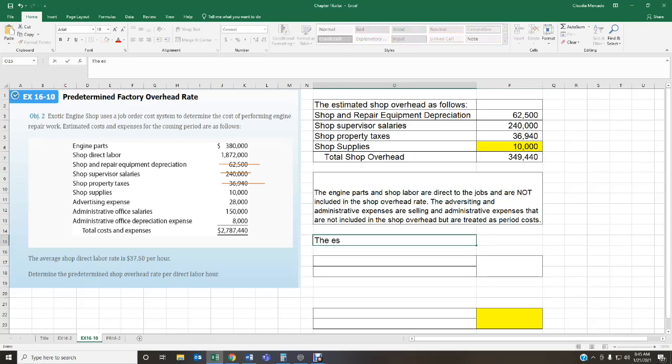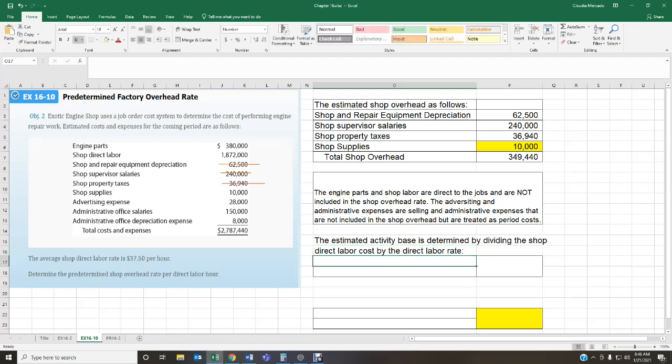The estimated activity base is determined by dividing the shop direct labor cost by the direct labor rate.